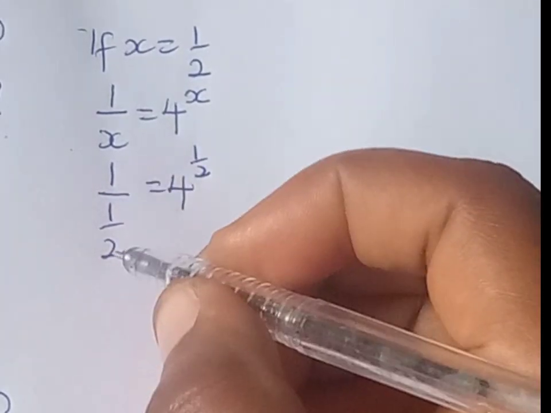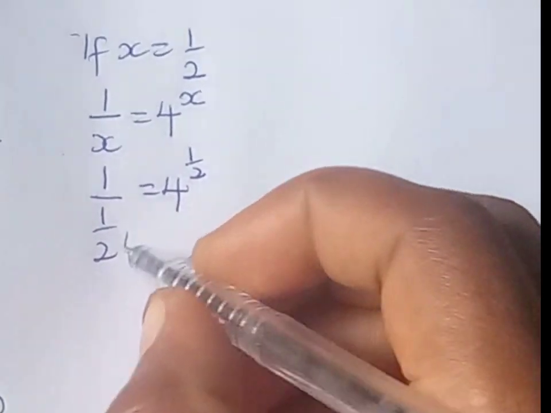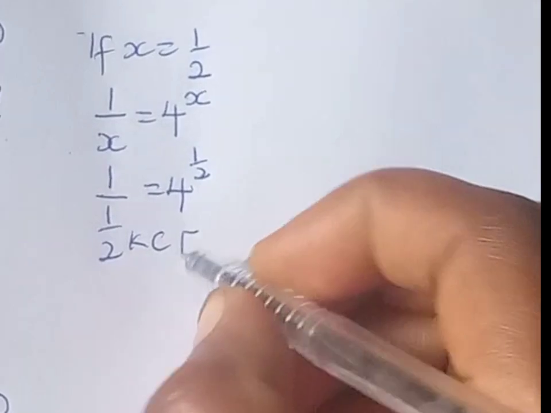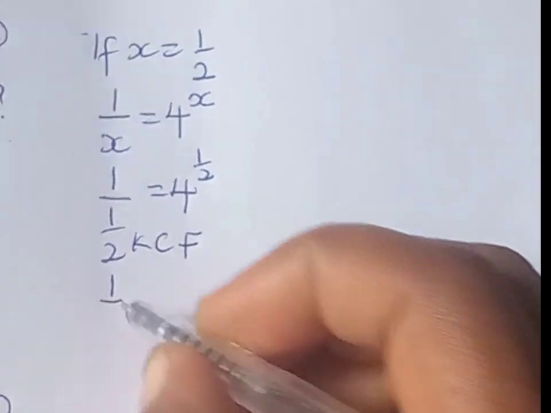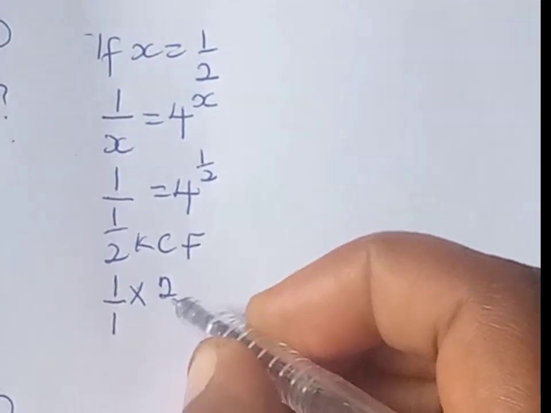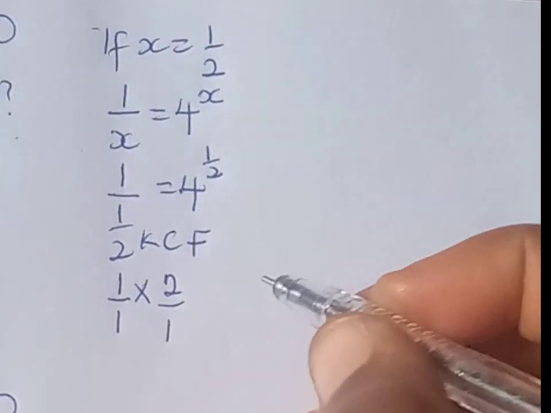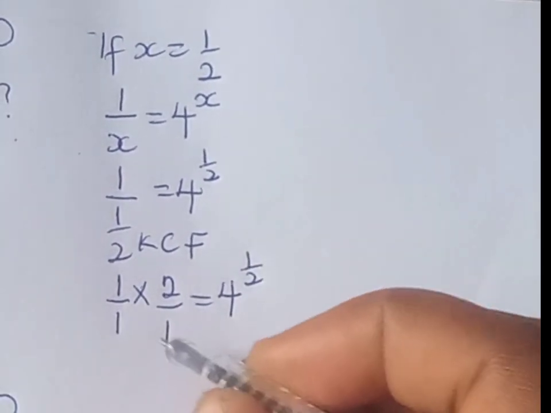Let's use our KCF rule to change this. KCF rule, that's keep, change, and flip. So we have 1 divided by 1 times 2 divided by 1 equals 4 raised to the power of half.